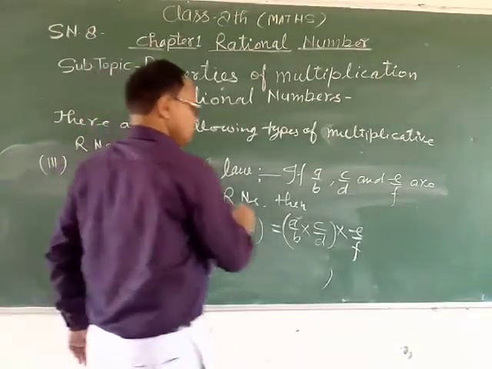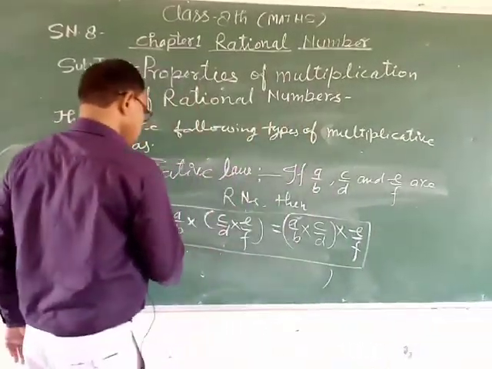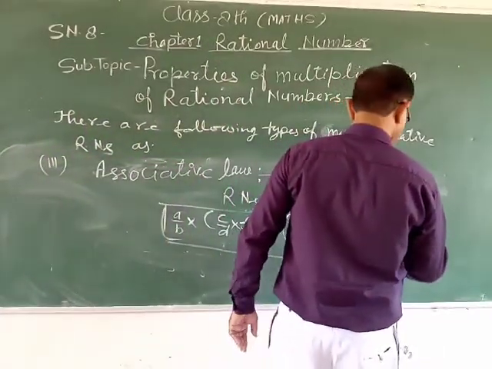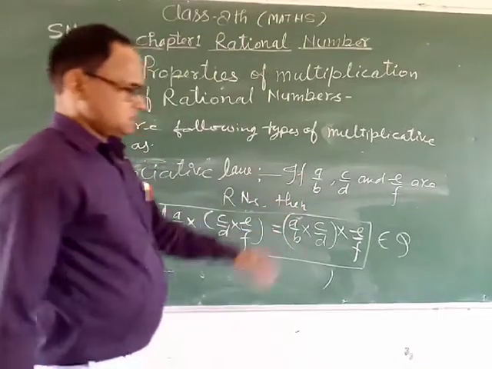These are the associative law rule. This also belongs to Q during the calculation.